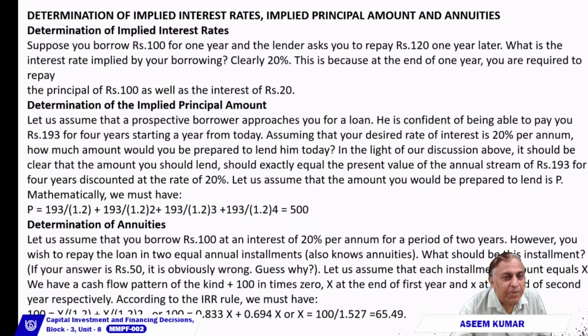All right, friends. Determination of implied principal amount. Let us assume that a prospective borrower approaches you for a loan. He is confident of being able to pay you rupees 193 for 4 years, starting a year from today.